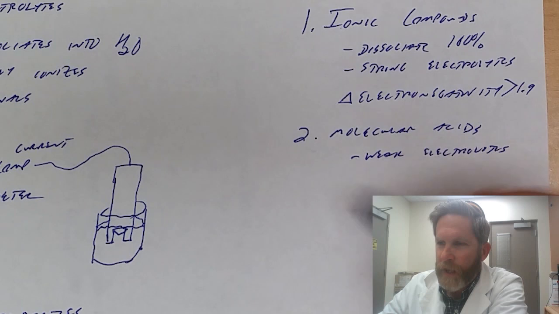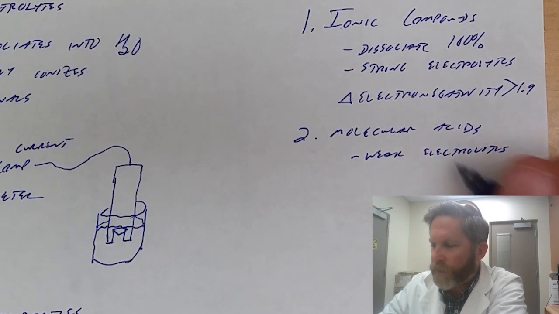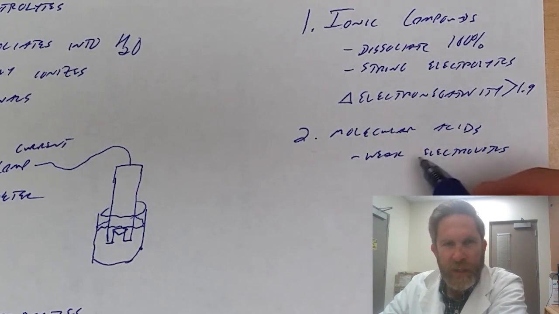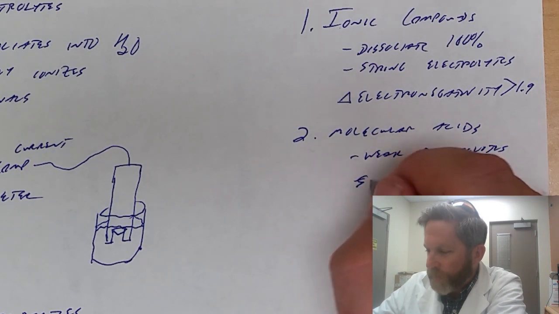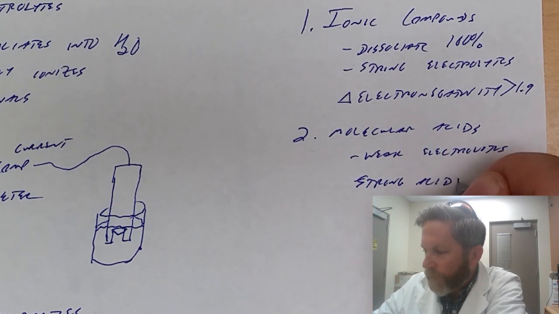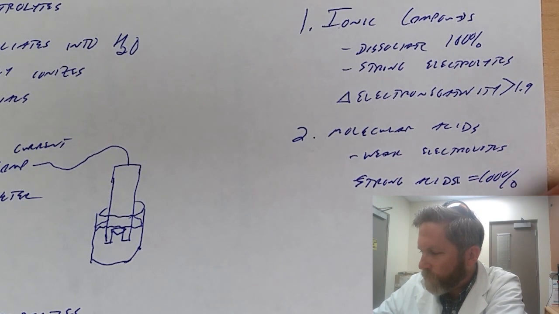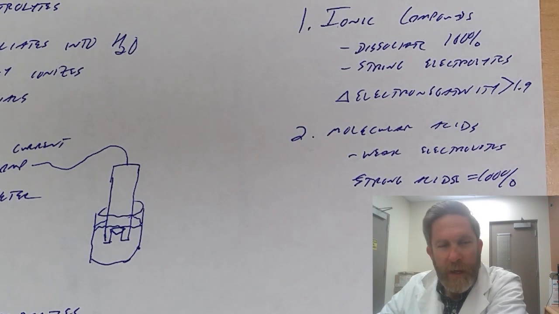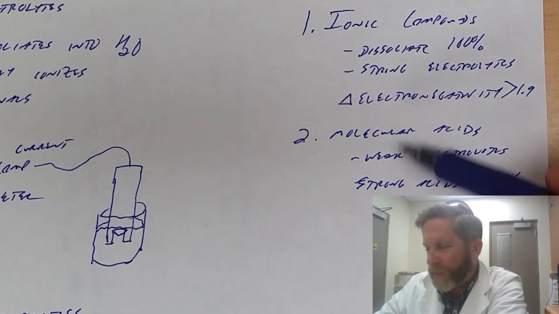We'll be able to measure that and look at whether they are strong electrolytes or weak electrolytes, but many of them are weak electrolytes. This also plays into whether or not they are strong acids, because strong acids means 100% dissociate, and 100% dissociation means strong electrolyte. So strong acid also equals strong electrolyte. That's one of the things that makes a substance a strong acid. And so we're going to look at and rank them based on their conductivity.